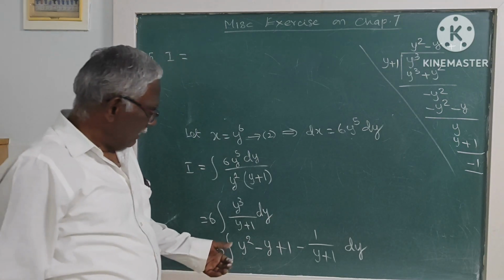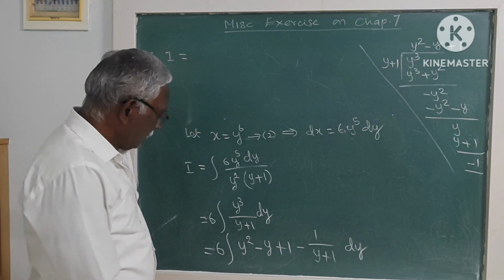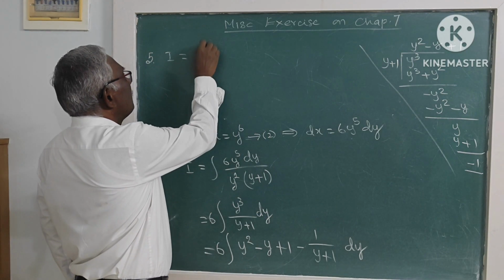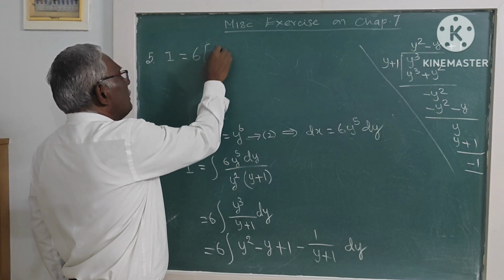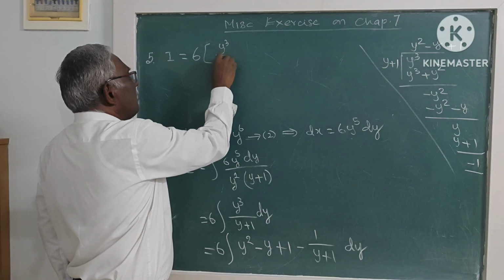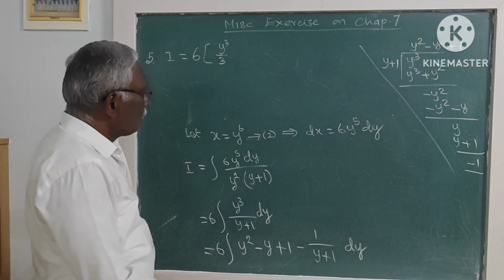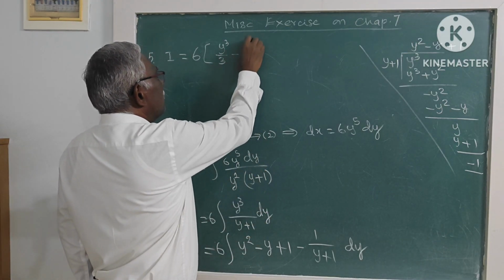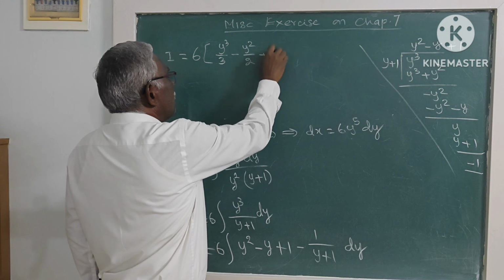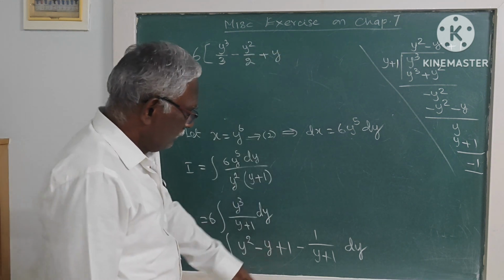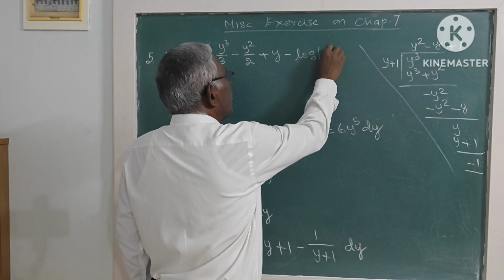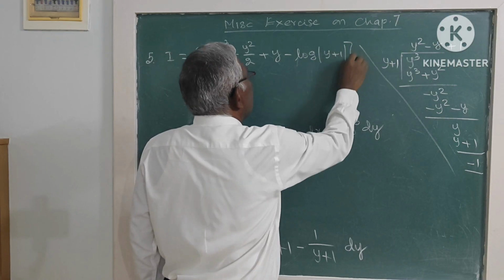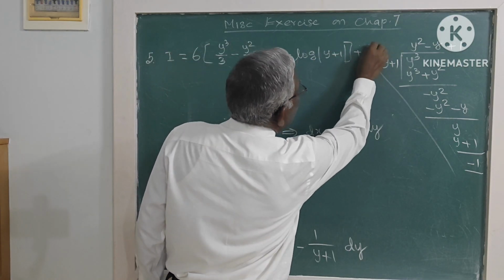So on integrating we get y square becomes y cube by 3. 6 times y cube by 3 minus y square by 2 plus y minus log of y plus 1 plus constant.